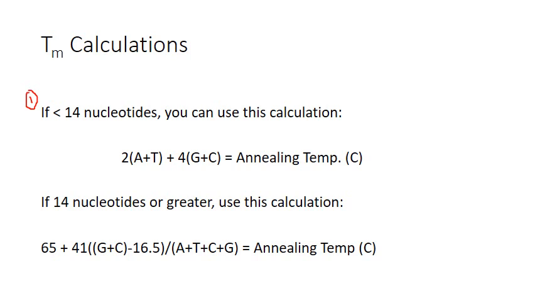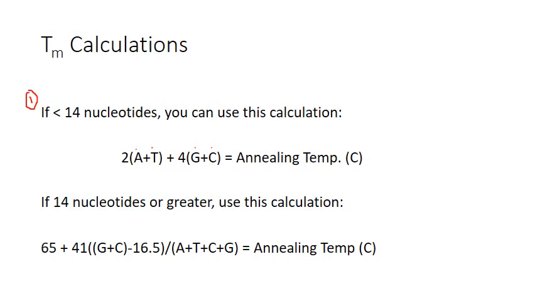It's 2 times the AT sequence, or the number of A's and T's in your primer sequence. You're just going to count up your numbers of A's and T's, and then multiply it by 2. And then you're going to take that number and add it to 4 times the number of G's and C's in your sequence. Okay?